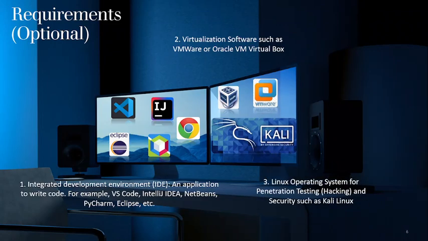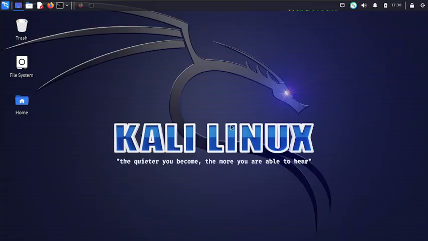And finally, we need a Linux operating system. In this case, we are going to be using Kali Linux for penetration testing and security. In case you don't want to install VMware or Oracle VM VirtualBox, you can directly install Kali Linux on your machine. Okay, so let's go to our Kali machine.